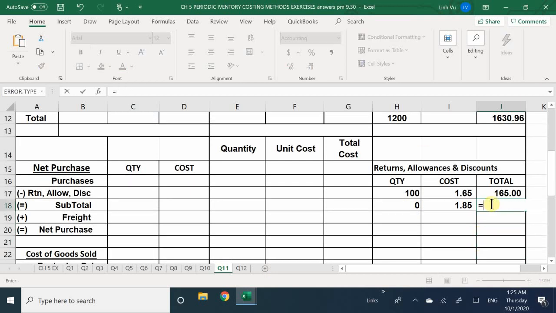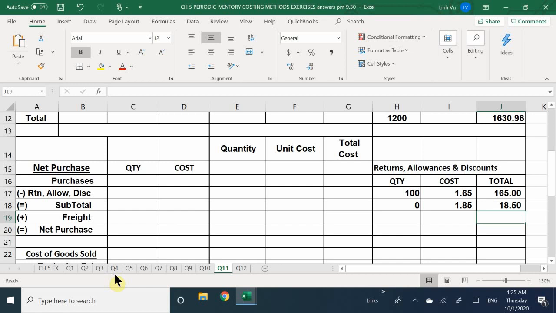So again, $1.85 times 50 gives us $92.50, and 20% of that is going to be $18.50. Okay, so I calculated that wrong at first. $1.85 times 50 times 0.20 is going to be $18.50. That's how much we're going to be getting back.